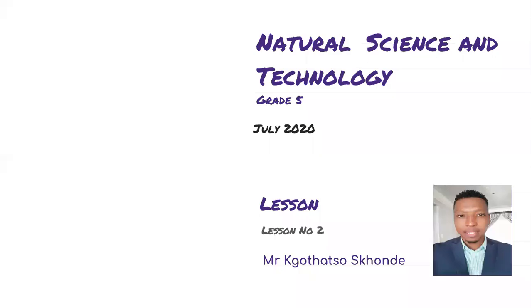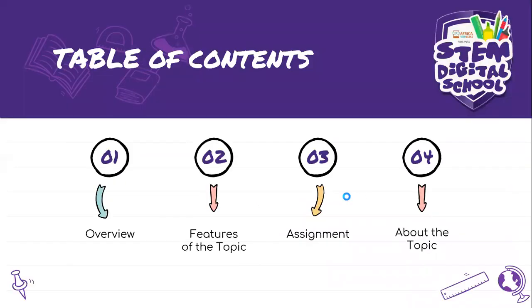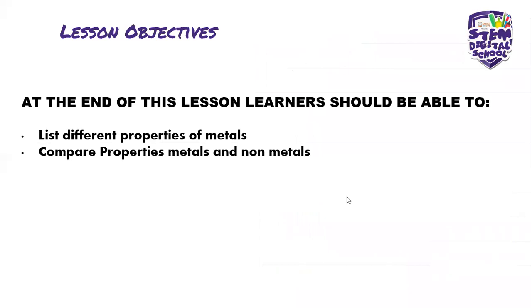Grade 5s. We are here with Mr. Hotazo. This is a natural science and technology class, and today's topic is going to be on the properties of metals, okay?